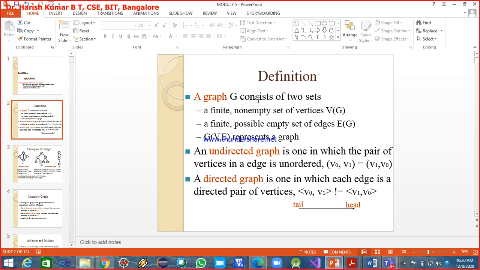So a graph consists of two sets: the vertices set and the edges set.